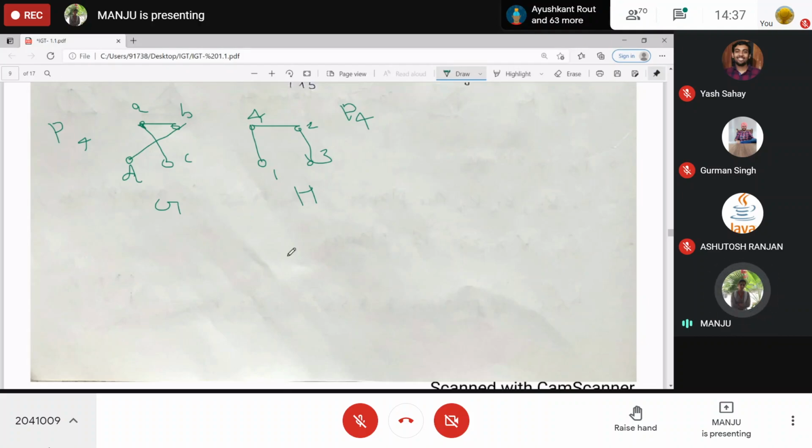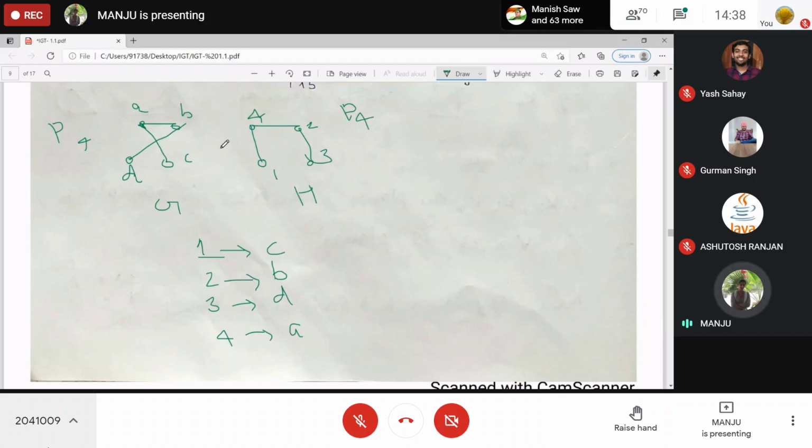Clear? So what you were saying, which will correspond to which vertex? 1 corresponds to C. 3 corresponds to D. 4 to A. 2 corresponds to B. So this correspondence means you have mapped the element from here to the element over here.